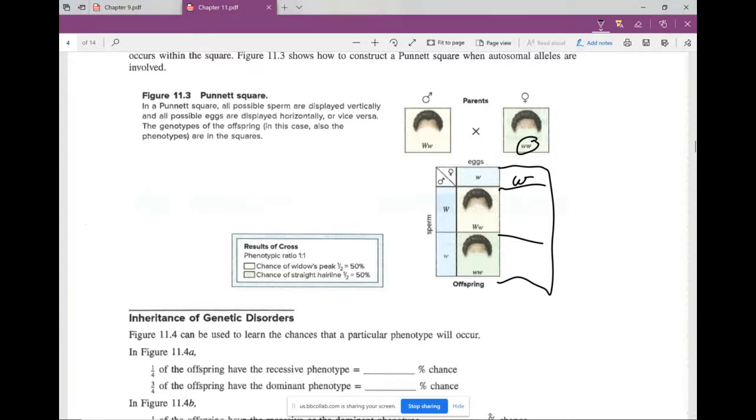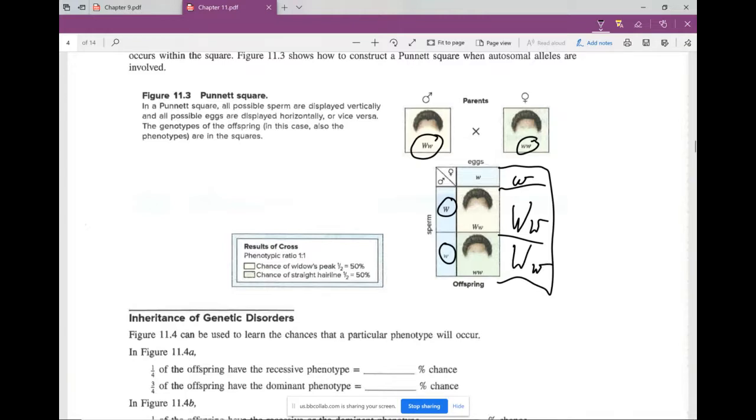Okay, and for the male, this male is heterozygous, so he has 2 possible alleles. So sperm can either have the dominant allele or the recessive allele. So this side of the Punnett square is going to be the same as the one that's shown. Big W, little w, big W, and little w.